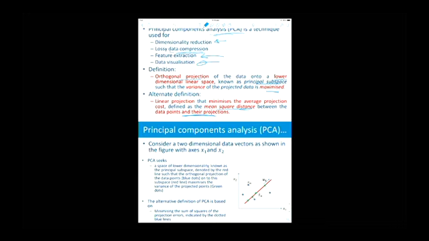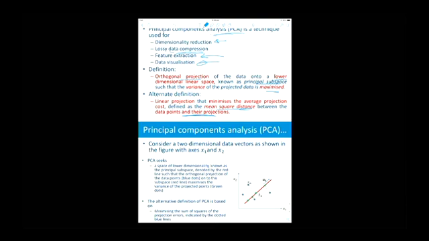Here, you find the axis and the projection of the data onto that axis, and then you measure the difference, that's the error. If it is closer to the axis, it will be low error. If it is a larger distance from the axis, it will be high error. You calculate those errors, square them, sum them together, and try to find the axis that has the minimum sum of errors.